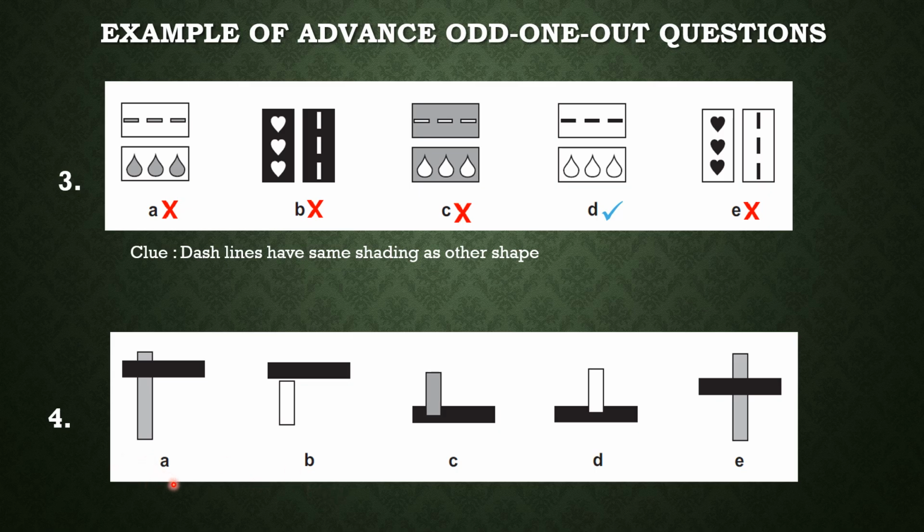In the rest of the options, like options A, C, D, and E, both rectangular lines are crossing each other. However, option B is not crossing. So that can be a rule wherein shapes are overlapping, and option B is not following that particular rule.